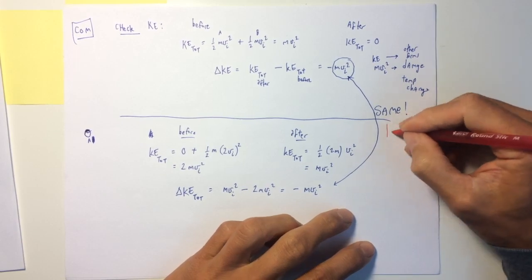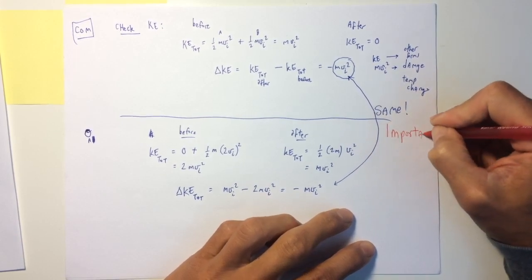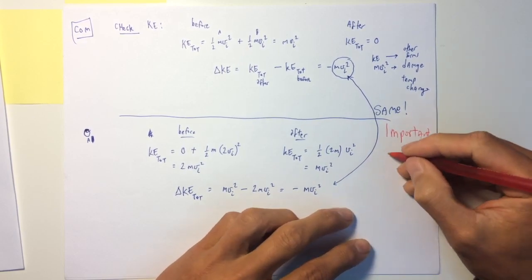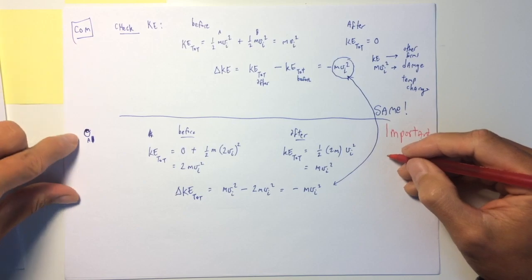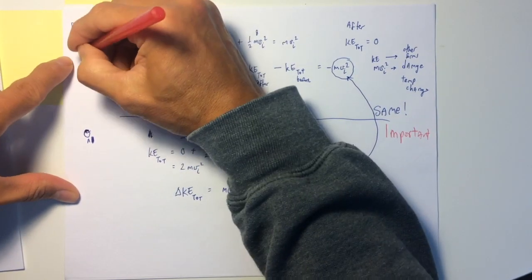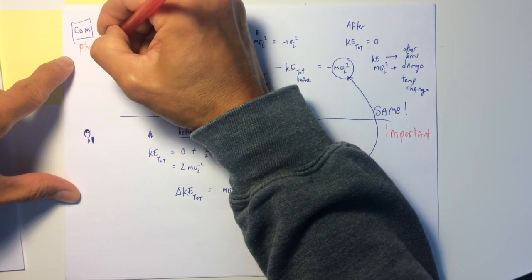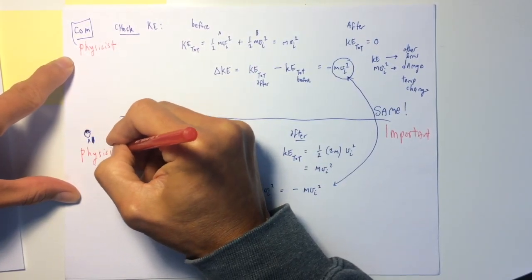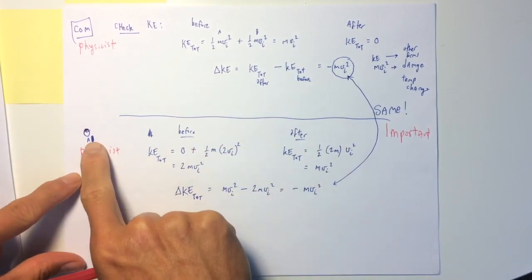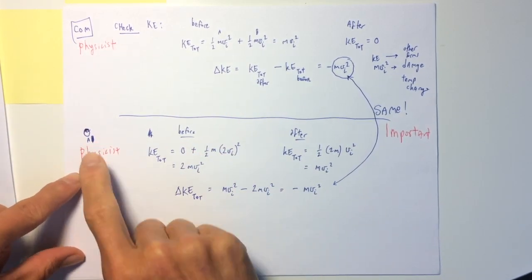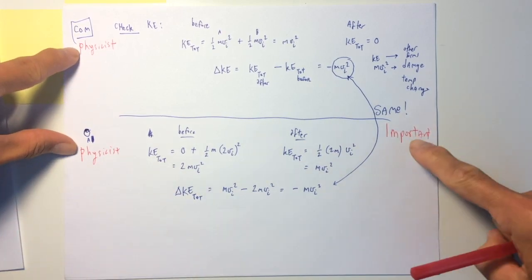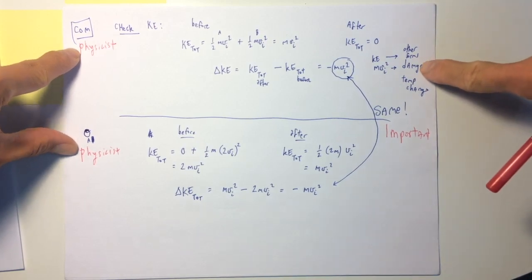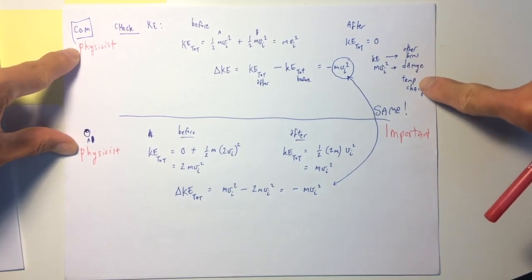The idea is this is important. And the reason is because these two observation frames, or this is the physicist in the center of mass frame, and this is the physicist that was before the collision moving along with the object A. These two physicists arrive at a reason to see the same damage and also the same temperature change.